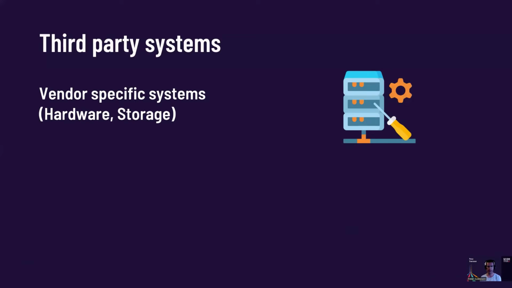Third-party systems could be vendor-specific systems, like different hardware suppliers or storage systems, etc. Those systems usually have their own management system where you can manage them, of course, but also get information, maybe status, performance data, alerts, and now it can be a whole range of information.